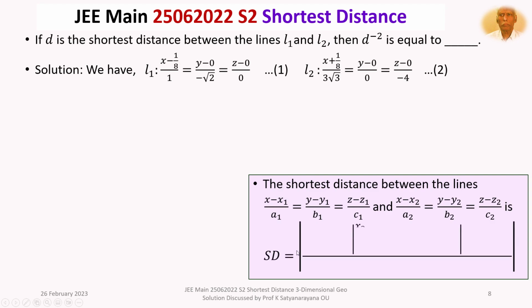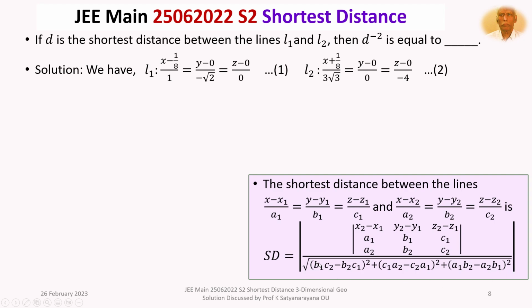And what's the formula? The shortest distance is the modulus of the determinant whose first row is x2 − x1, y2 − y1, z2 − z1, second row a1, b1, c1, third row a2, b2, c2, divided by the square root of (b1c2 − b2c1)² + (c1a2 − c2a1)² + (a1b2 − a2b1)².